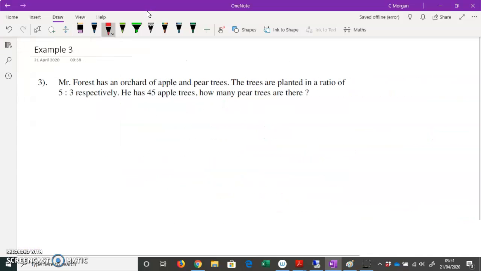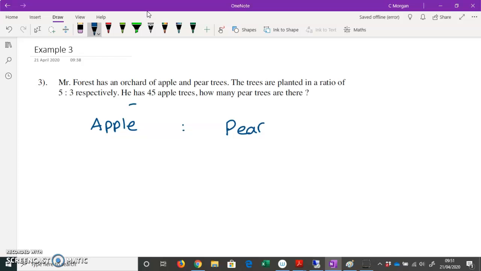Okay, example 3. Mr. Forrest has an orchard of apple and pear trees. So I'm going to write apple and pears. The trees are planted in a ratio of 5:3 respectively, which means we have to write the ratio in the same order that the words appear.